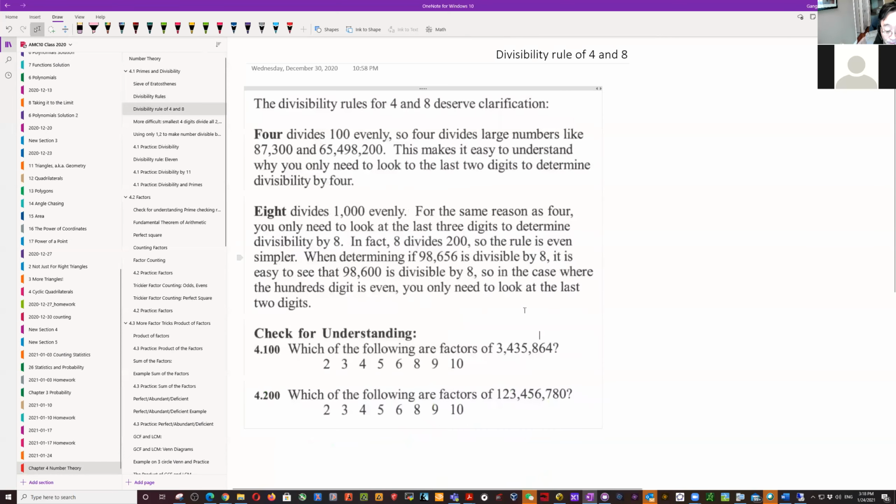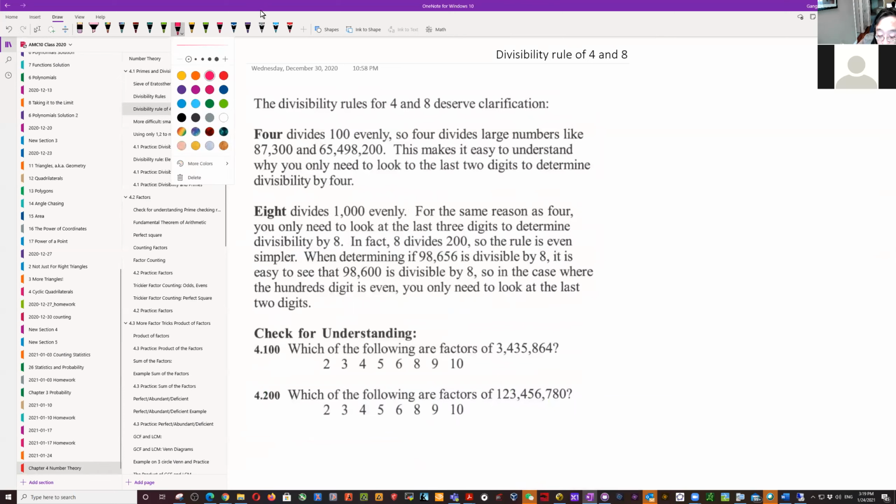And so there are a lot of those problems. I'm just going to show how to quickly determine this. For example, which factors does this big number have? So 2 is divisible. 3, how do we judge 3?